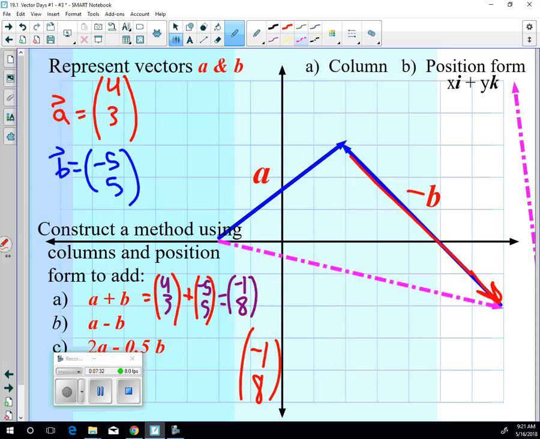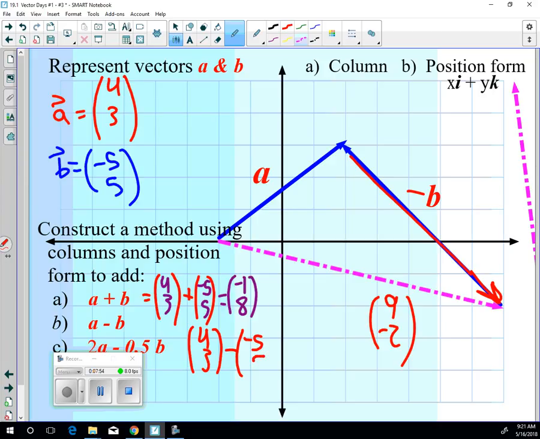And so notice that we're going to go 1, 2, 3, 4, 5, 6, 7, 8, 9 in the i's and 1, 2 down in the j's. There's no way this is going to work. 4, 3 minus negative 5, 5. There's no way that this is going to work, is it? Totally works. 4 minus negative 5 is going to be 9. 3 minus 5 is negative 2. All is happy, all is well.